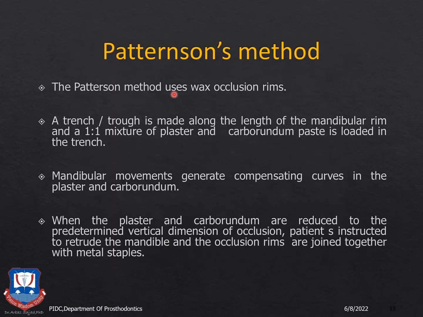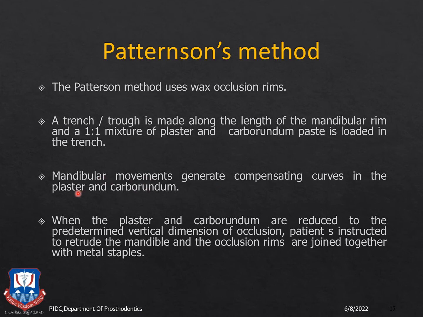The second was the Patterson method. The Patterson method used a waxed occlusal rim. First, a trench or a trough was made along the length of the mandibular rim, something like a channel. And a 1:1 mix of plaster and carborundum paste was loaded or packed in this trench or trough in the mandibular rim.